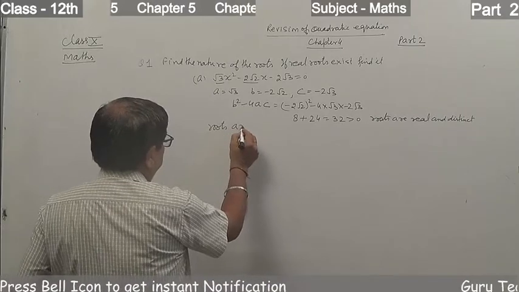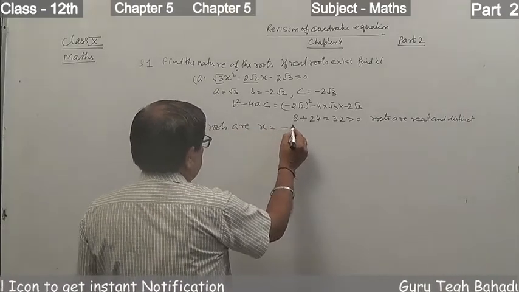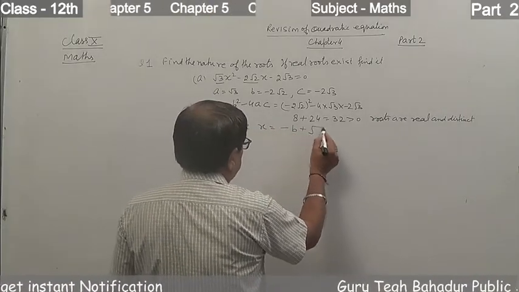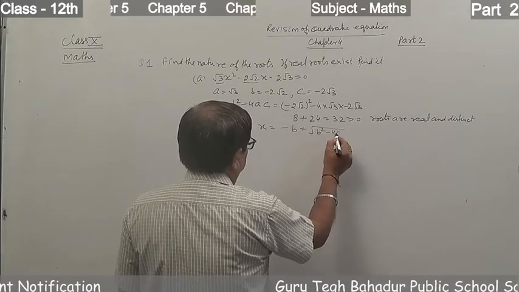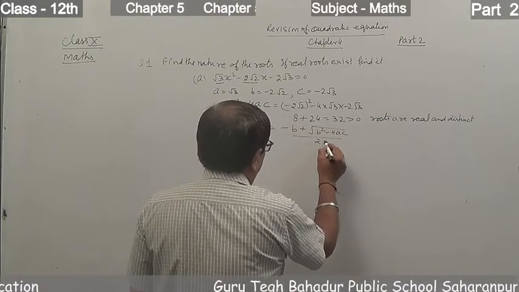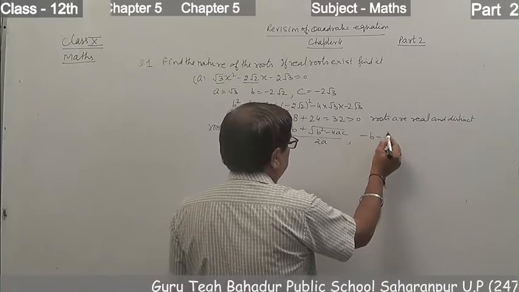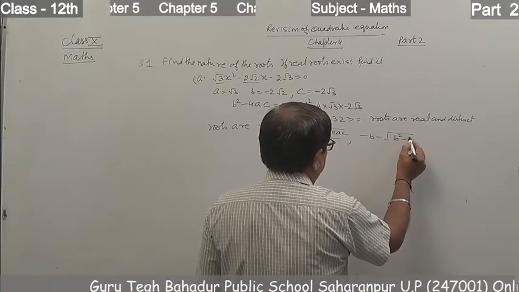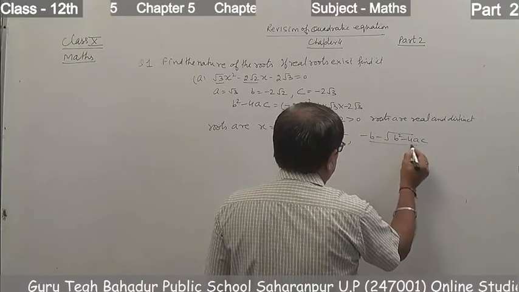Roots are x is equal to minus b plus root of b square minus 4ac upon 2a, and minus b minus root of b square minus 4ac upon 2a.